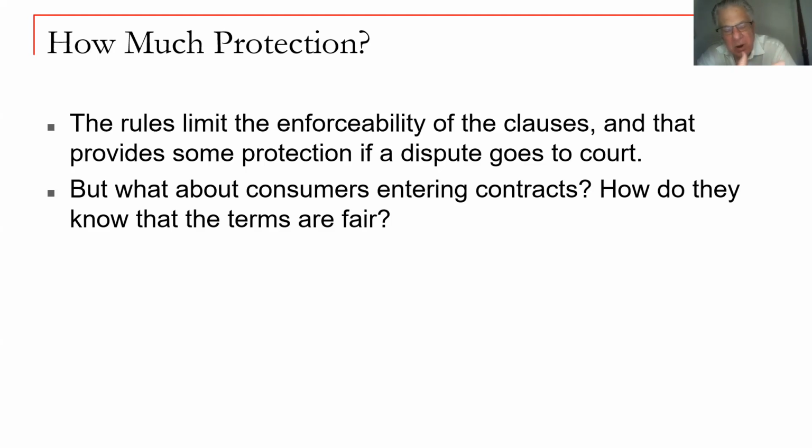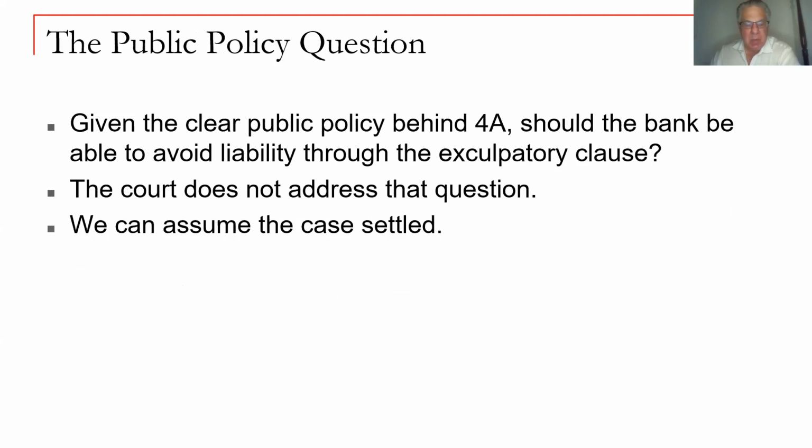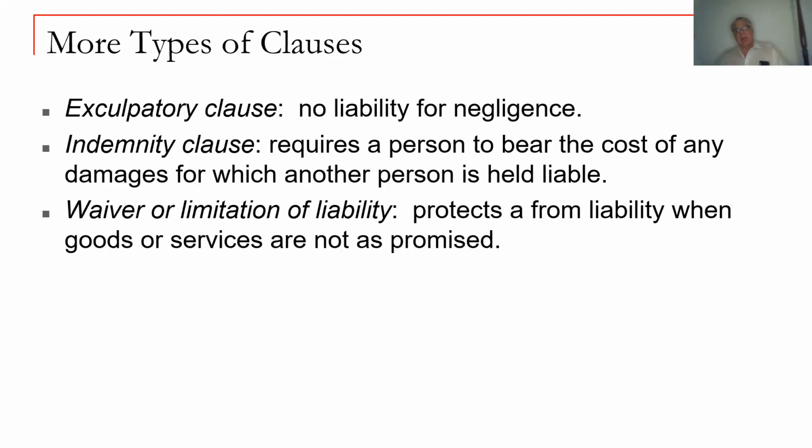And so here are our first set of limitations in our rules about these types of clauses. And while they give us something, they don't give us that much as consumers. They're actually rather favorable to the businesses, and I think intentionally so.